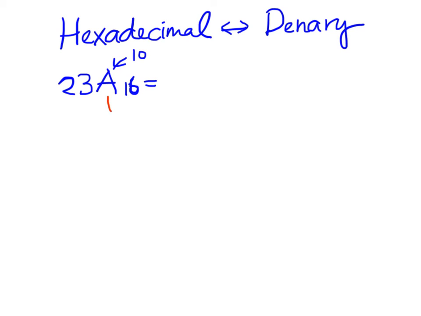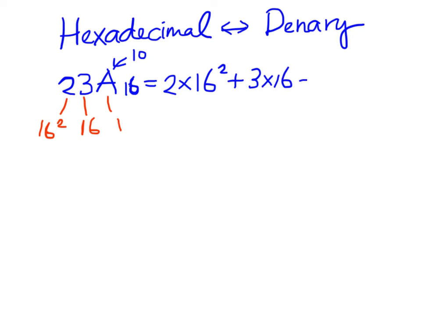So the place values will be 1, 16, 16 squared. Therefore, if we write this in the expanded form, it will be 2 times the square of 16 plus 3 times 16 plus 10 times 1. And therefore, we have 570 base 10.